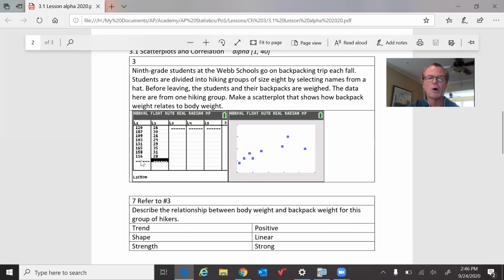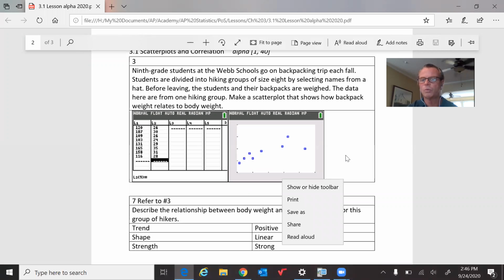So for the window, I looked at these weights for the children, and the lowest weight was 103, and the highest weight was 187. So I just stretched those. So I made the lowest value here on the x-axis 100, and the highest 200. And then the scale is 20.